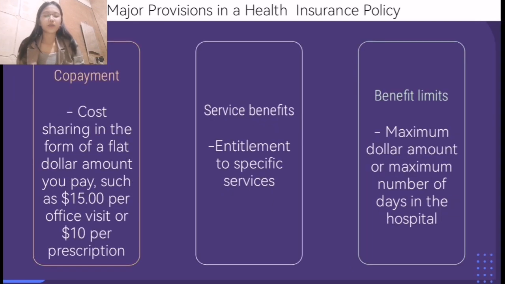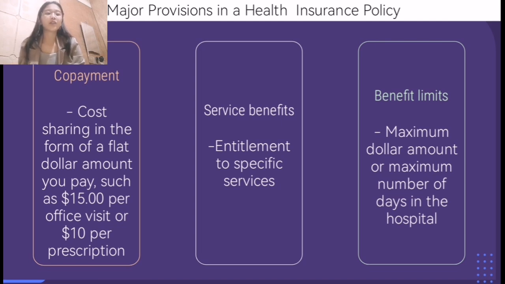And next is the co-payment. The co-payment is the flat fee that you pay every time you receive services. So mostly it is a 20 or 35 fee that the insured pays before the insurer pays the balance of the cost of the services.